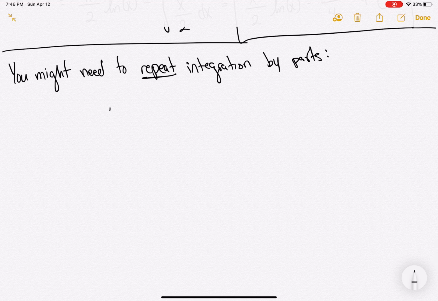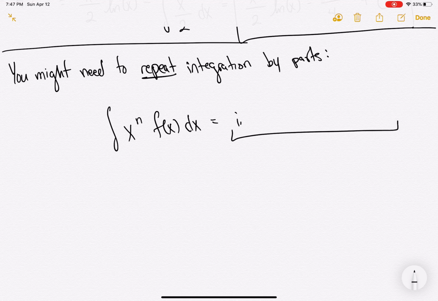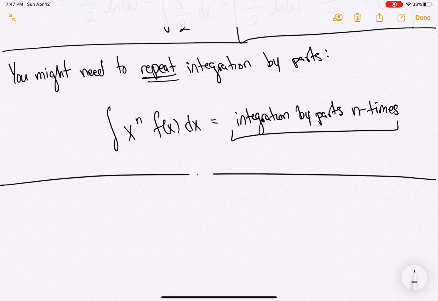What I mean by that is if I have an integral of x to the n times a function dx, this is going to be integration by parts n times. So you just have to repeat this. I'm not going to tell you how to do the one on your homework because I think you'll be able to pull it off, but you'll end up having to repeat this. So that's why I wanted to throw that in there for your homework.